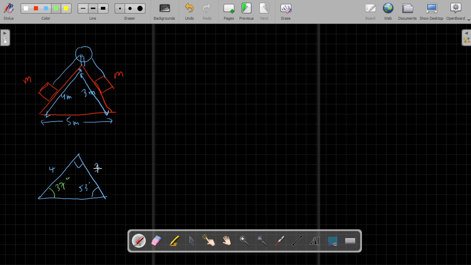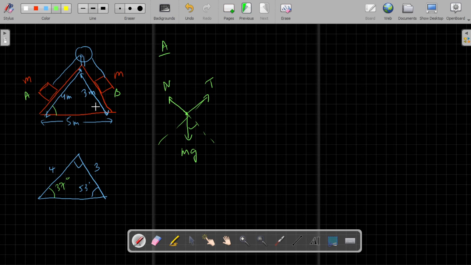In addition to that, let us draw the free body diagrams of the blocks. Let's say this is block A, and this is block B. For block A, we have the gravitational force, the tension force, and the normal force. The angle which the gravitational force makes with the normal is the angle of inclination.